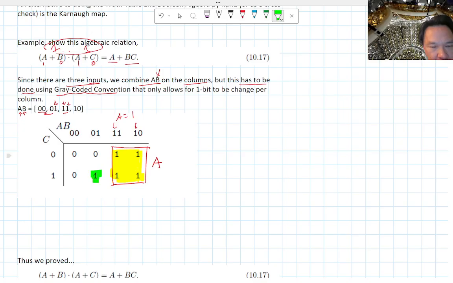But the bottom row does not always have 1s in it, only in these last 3. So what's special about these last 3?